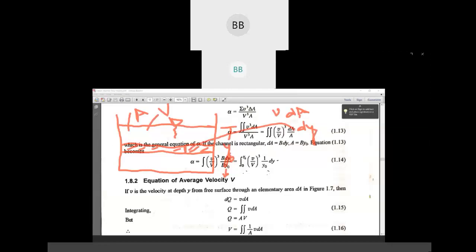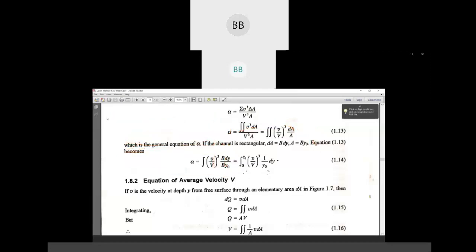Now we are going to use this equation to find out the alpha for that particular rectangular channel. So here alpha is again v by V whole cube dA by A. So dA is our small elementary area.